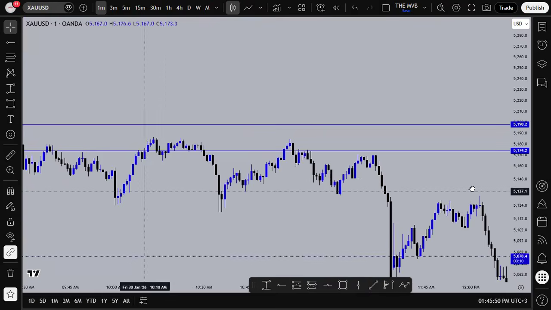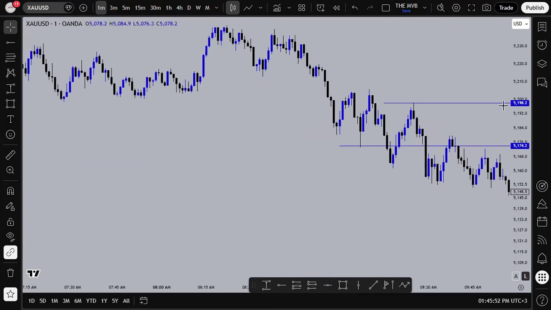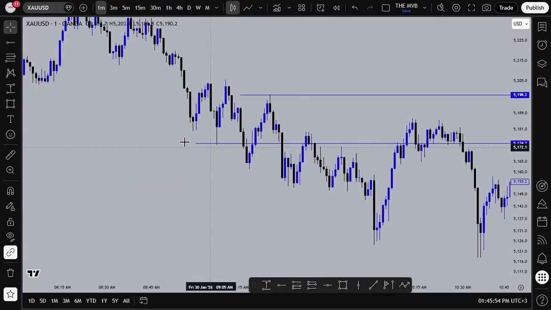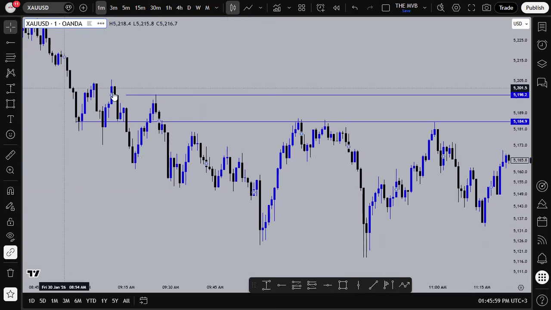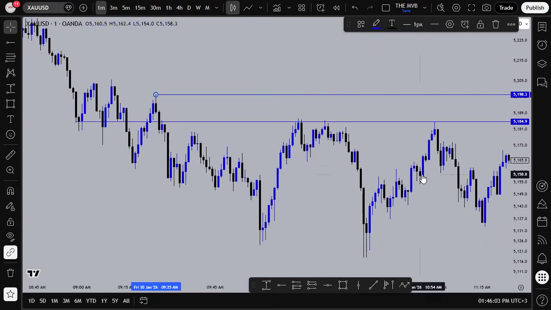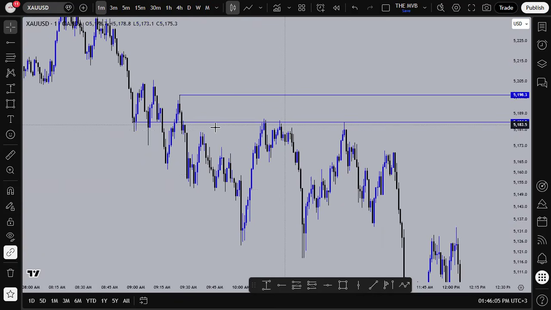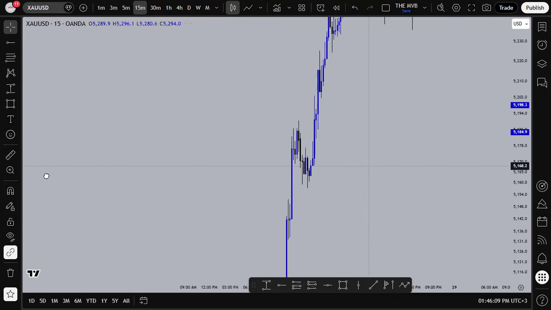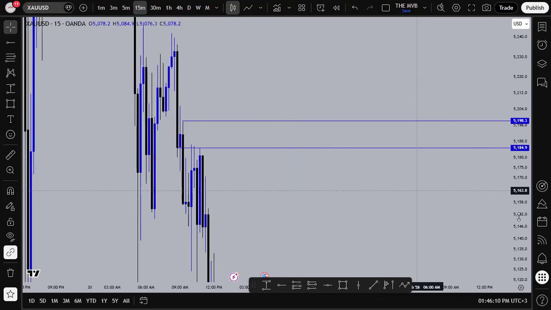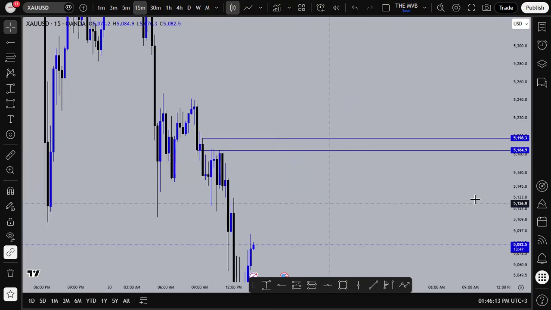In the 1 minute, you can definitely see a zone flip around this area here, and that is my entry area. You can see price tapping on that zone flip, and then boom, there we go. That was my entry.